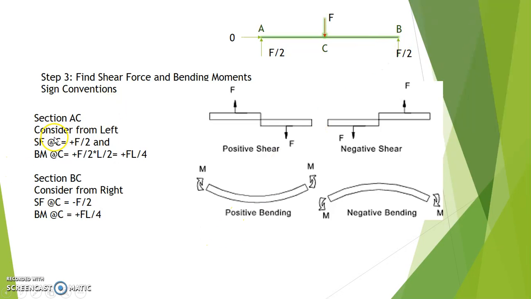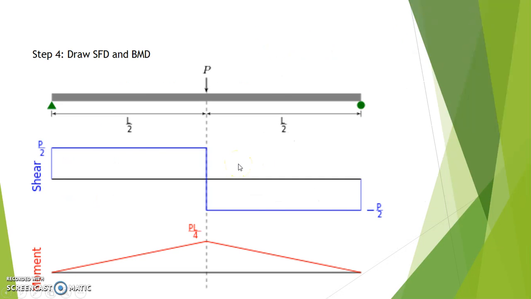Now from the left I am considering shear force equal to F by 2 and bending moment equal to FL by 4. So F by 2, I am considering the shear force at C. From the left-hand side, for section AC, it is F by 2 for the whole section, as shown in this figure.